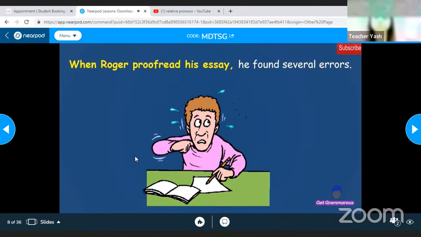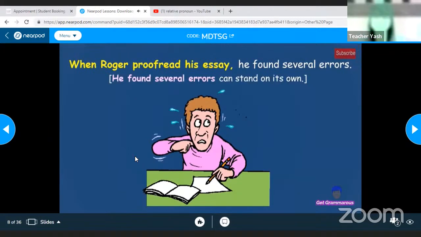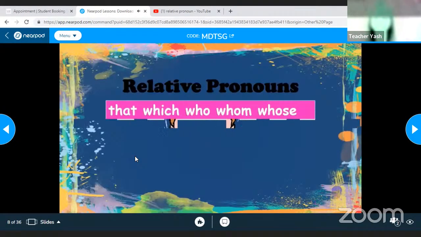When Roger proofread his essay is the dependent clause because it cannot stand on its own as a sentence. However, he found several errors can stand on its own. That, which, who, whom, and whose are the 5 relative pronouns.